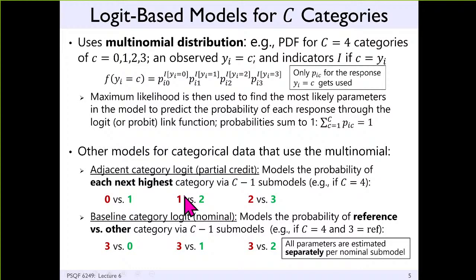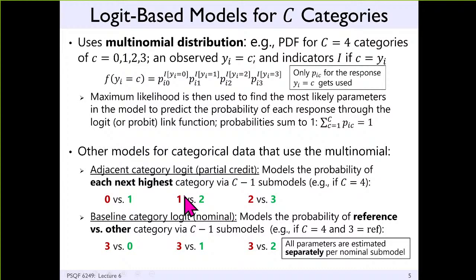The highest is the default reference in Mplus, for instance, and it would give you the probability of if they answered 3 or 0, what's the probability they answered 0? If they answered 3 or 1, what's the probability they answered 1? And so it compares each other category to a reference category. So the models that we're going to talk about differ in how they create these binary submodels, but they all use the same binary submodel.